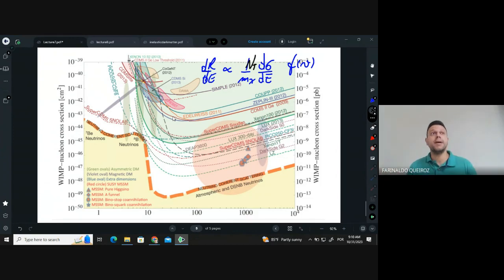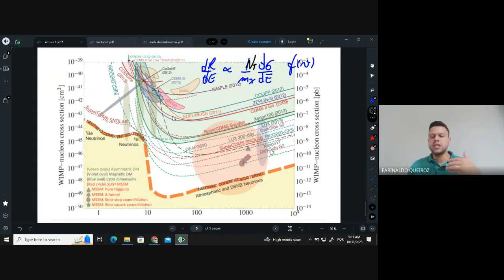It's linearly dependent. So as I scale up the volume of my detector, the number of targets, I increase my constraining power. Therefore, these detectors need to grow bigger and bigger, because as they grow much bigger, my sensitivity to that scattering grows linearly.